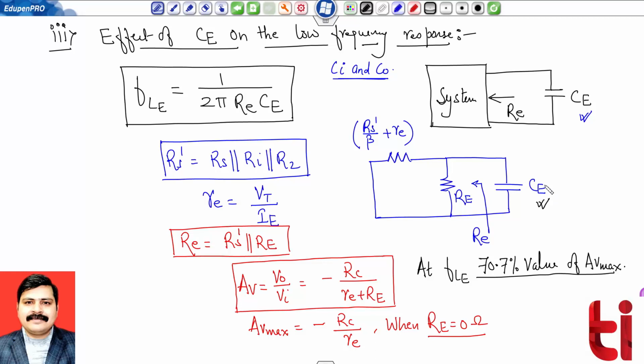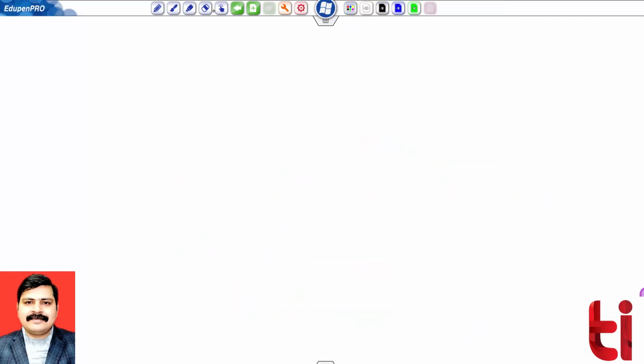Okay, so the idea will be clear if we see one example. So let us solve. Determine various lower cutoff frequencies if details are given as VCC equals to 20 volts.